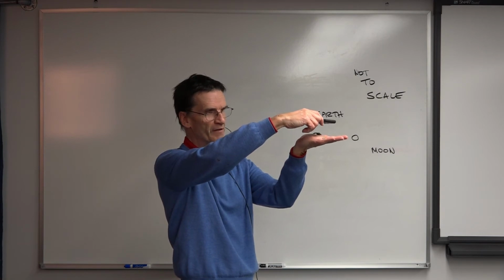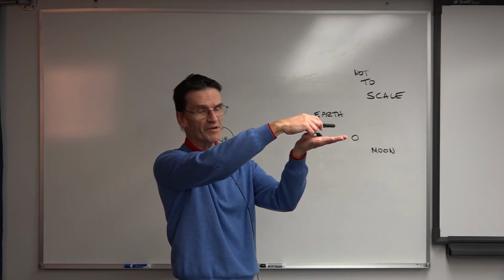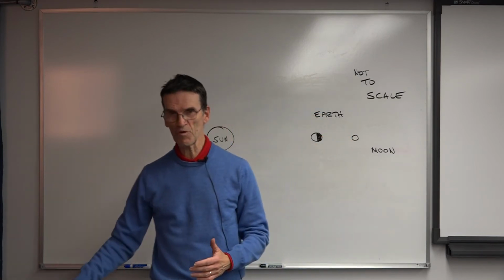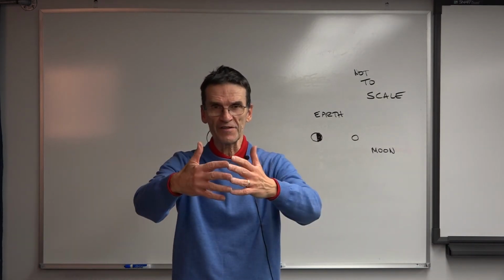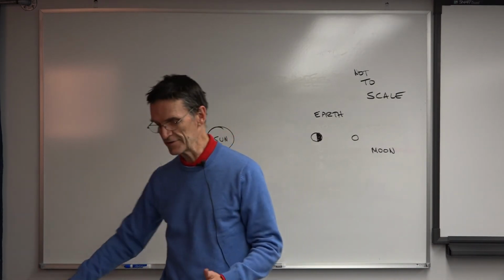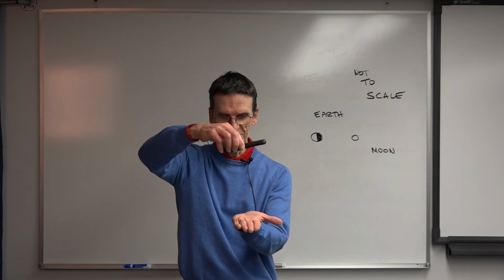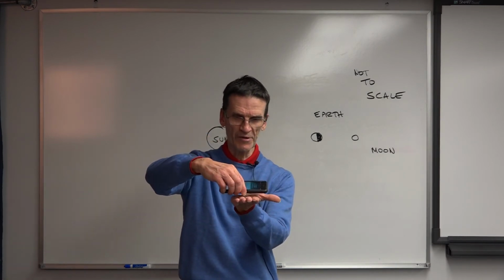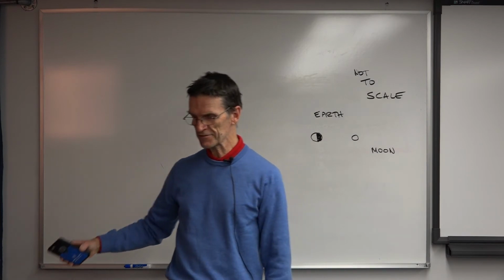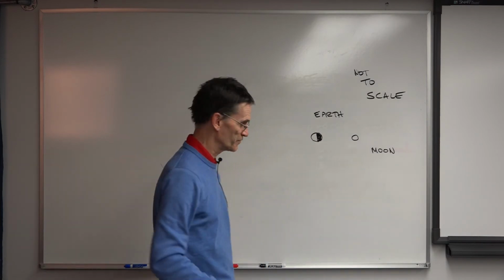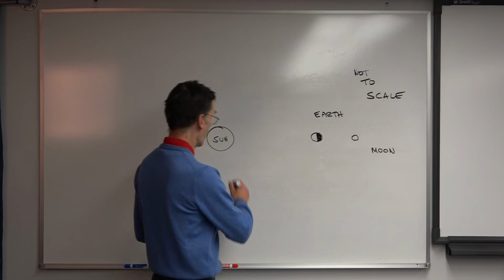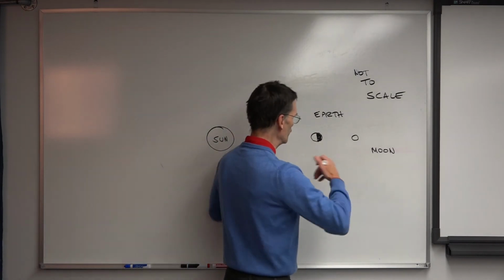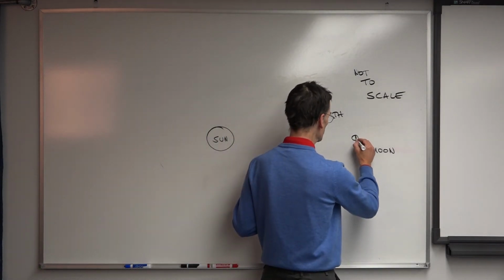This phone is not creating total blackness behind it because light has a way of traveling around things. I can see right behind my hand because my phone's not just creating total darkness behind it. In this case, half the moon is going to be lit and half the moon is going to be dark.